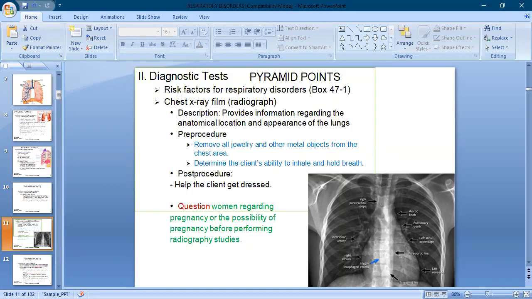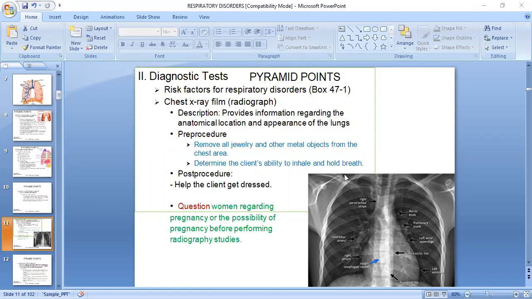The most common diagnostic test for the respiratory system is the chest X-ray. It provides information regarding the anatomic location and appearance of the lungs, so we can see the anatomy of the lungs and also any pathology if present.